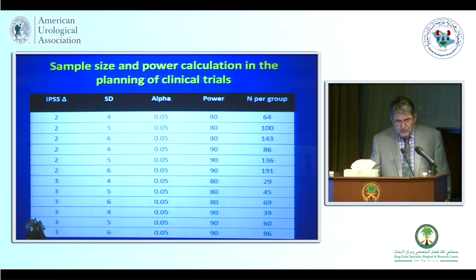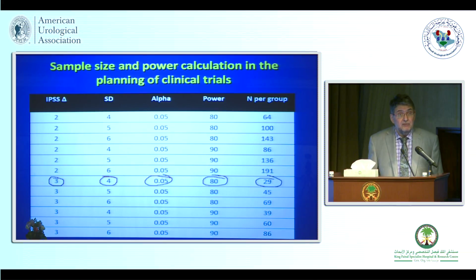So if you think it is reasonable that a symptom score difference of 3 points with a standard deviation of 4, that's sort of the difference where you would be convinced there is a difference, with an alpha of 0.05 at a power of 80%, you need 29 patients per group to show that difference.